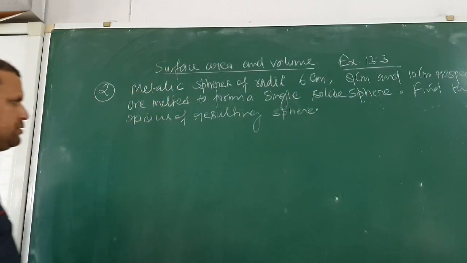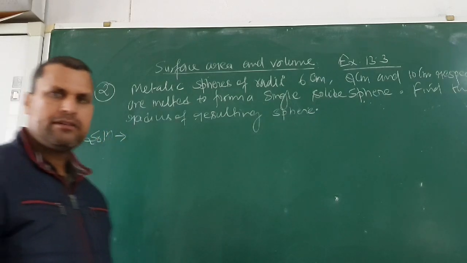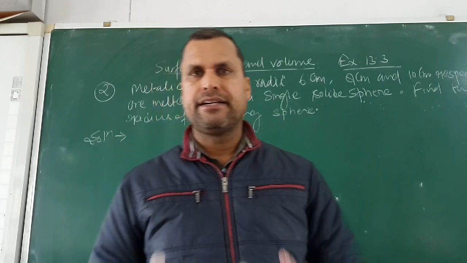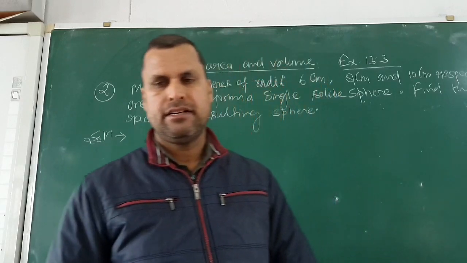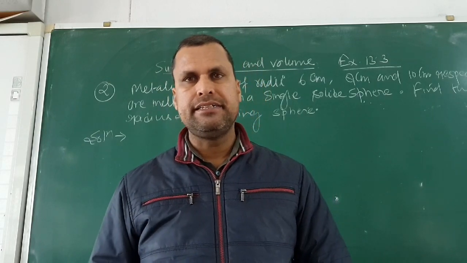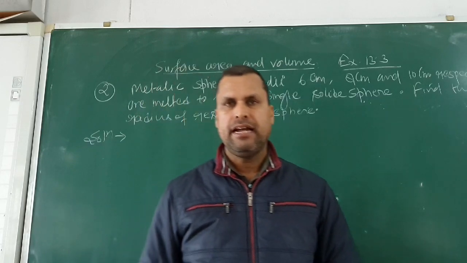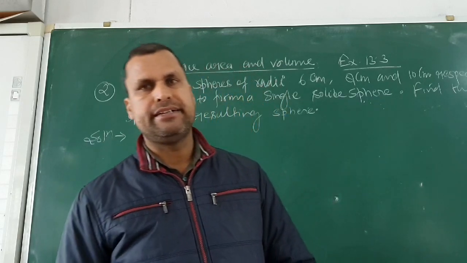This is the question. So how do we solve it? There are three spheres having radii 6 centimeter, 8 centimeter and 10 centimeter. They are melted and form a single solid sphere.